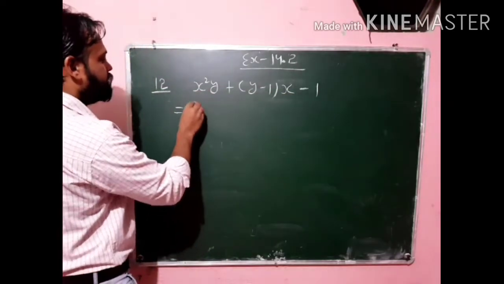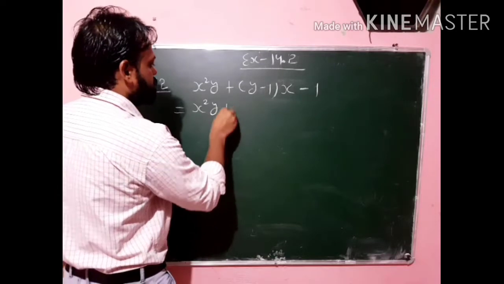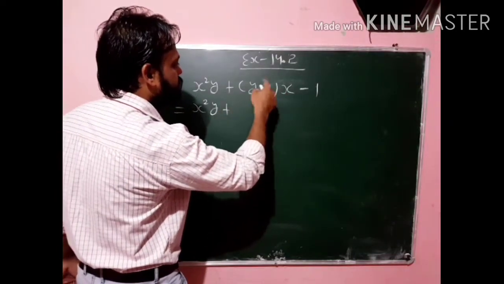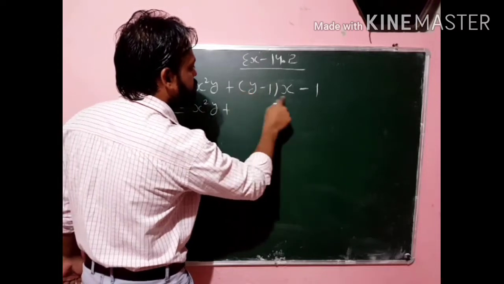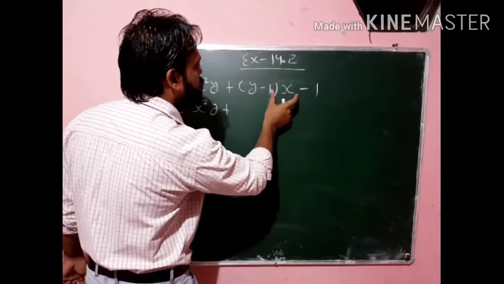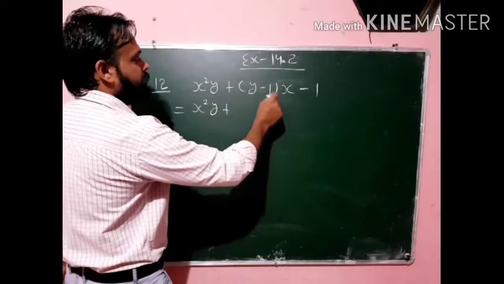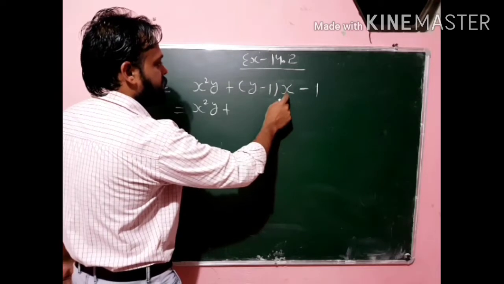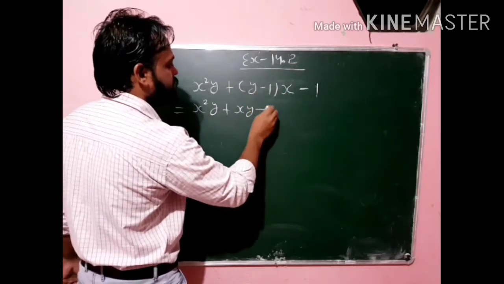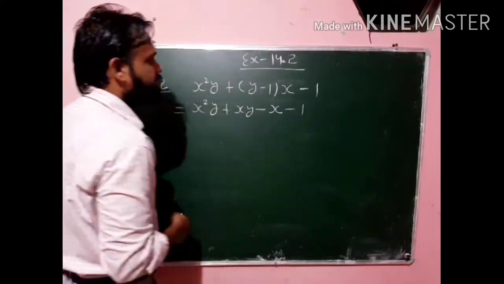So now first of all this x square y remains as it is, then the plus sign is also here. Now you can multiply this x with y. Why are we multiplying? Because these two terms, the bracket and this value, are in multiplication. So multiply this x into y, it will become xy. Then of course plus minus is minus, x multiplied by 1 becomes x, then minus 1.